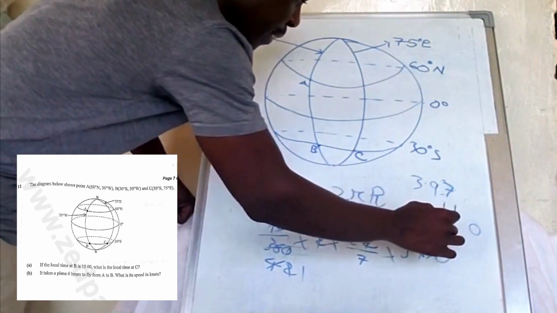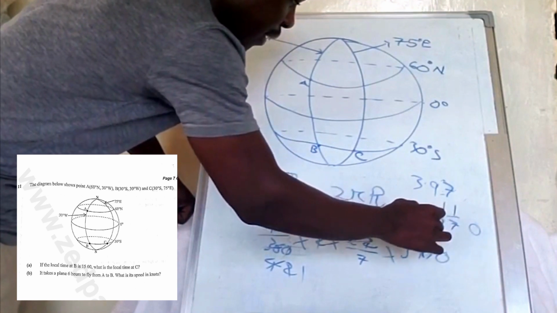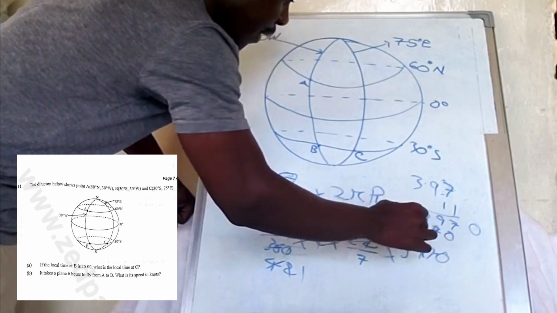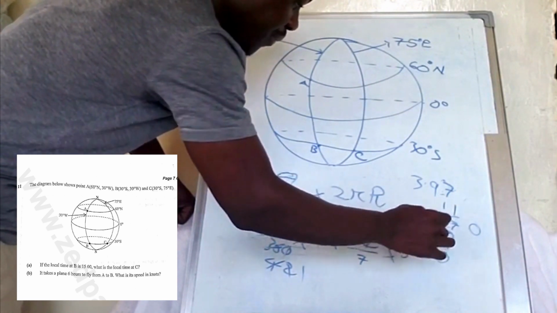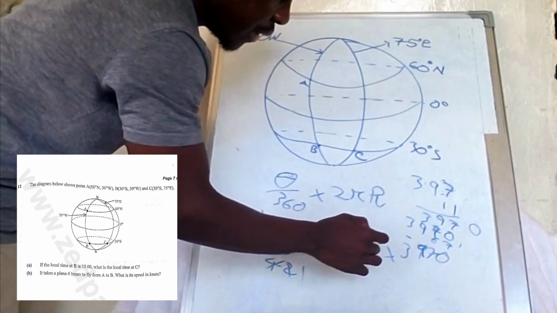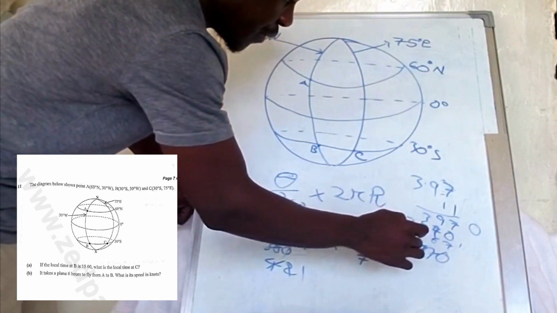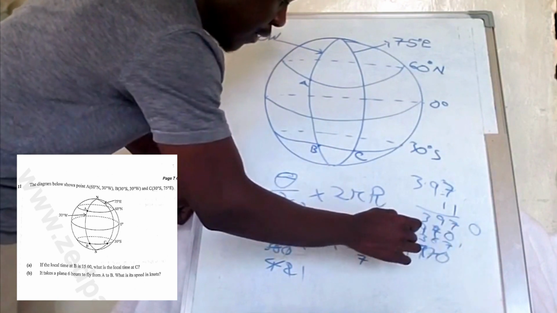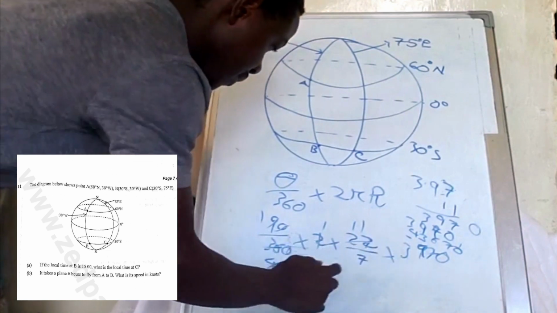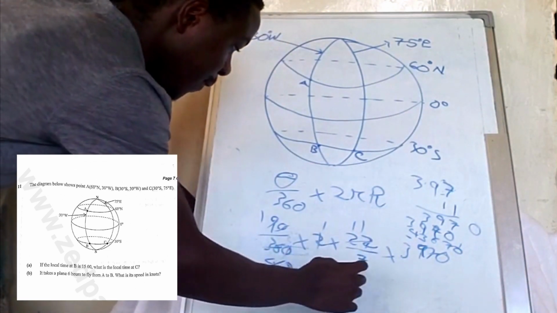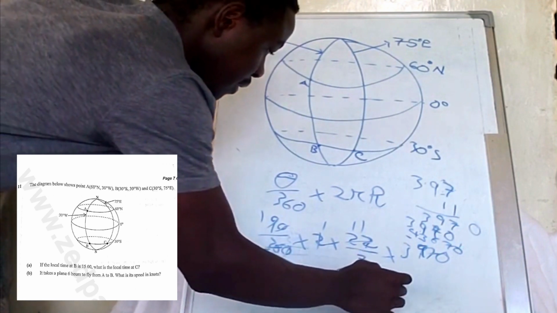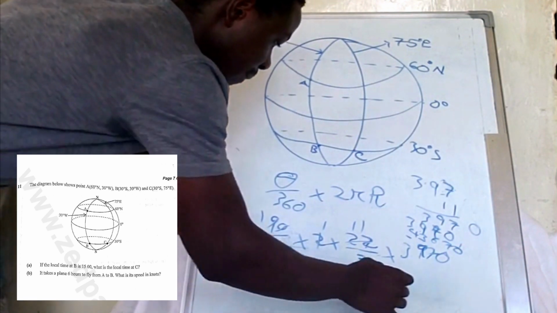It's going to be 7, 9, 3, 0, 7, 9, 3. This will give us 7, 16, 13, and 4. So we've got 4, 3, 9, 7. Okay, so we've got 43670 over 7.